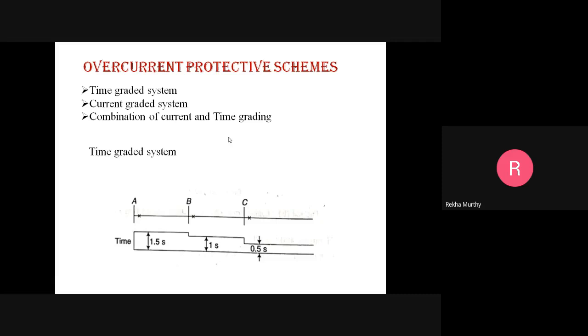Whenever a fault occurs beyond C, all the relays will come into action as the fault current flows through all of them, of course. But what will happen here? The least time setting is at the C point.